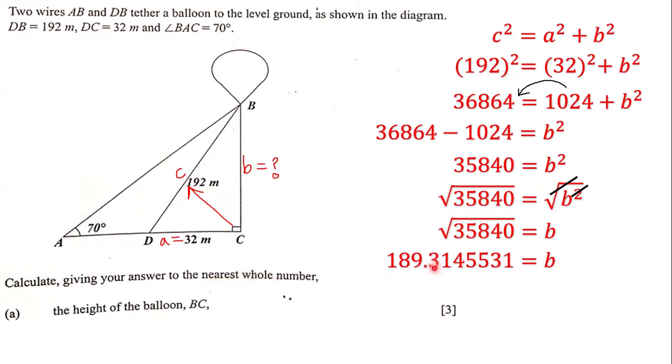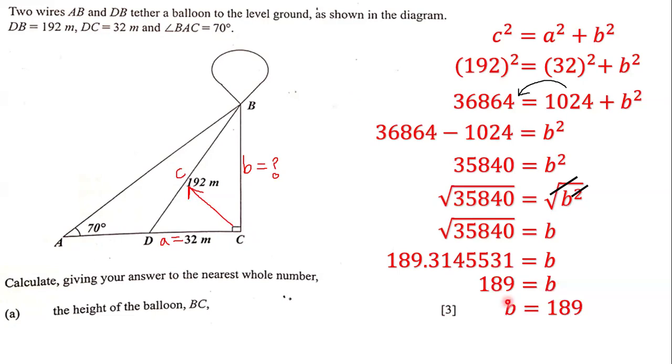And notice that this is 3, so since this is 3, we cannot round up, because we only round up if it's 5 or greater. And so we have B is equal to 189. That means that the height of the balloon BC is equal to 189 meters.